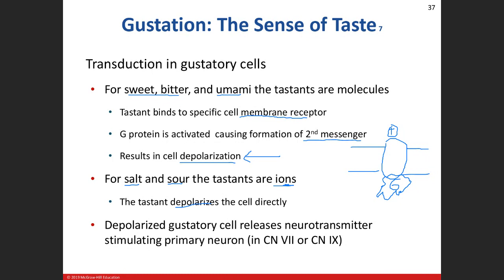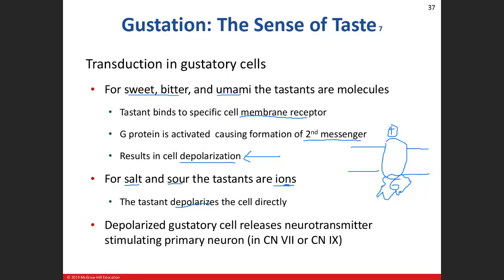Okay? All right. So once we cause depolarization of the gustatory cells, you know the story. We depolarize the cell, we start to produce action potentials. That sensory cell then sends its action potential messages down the primary neuron.